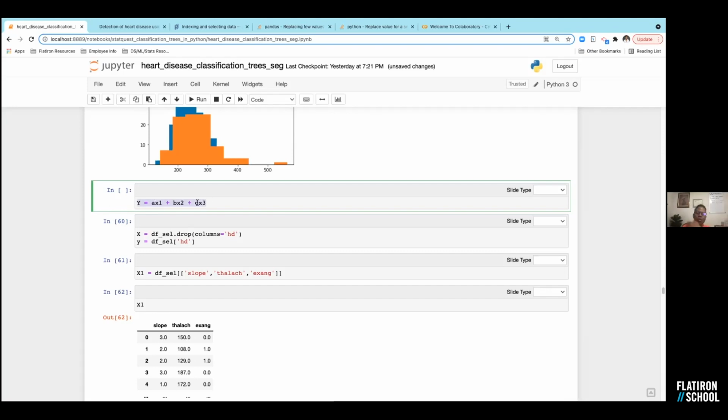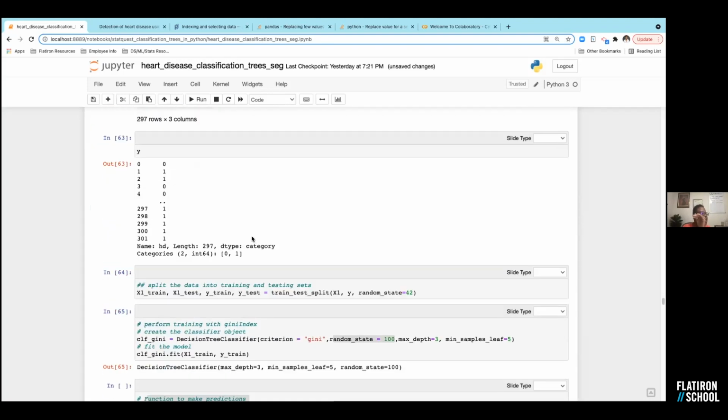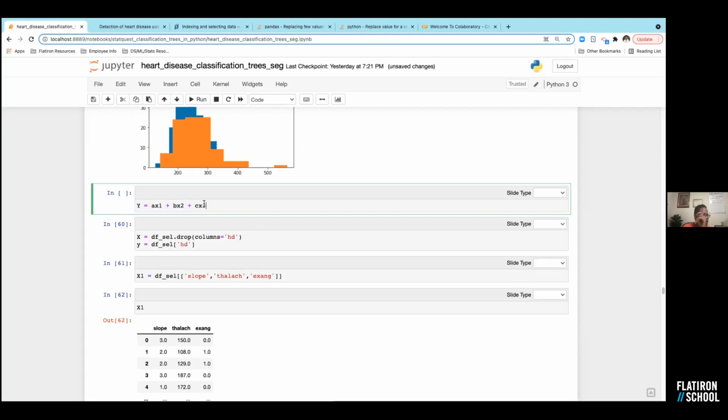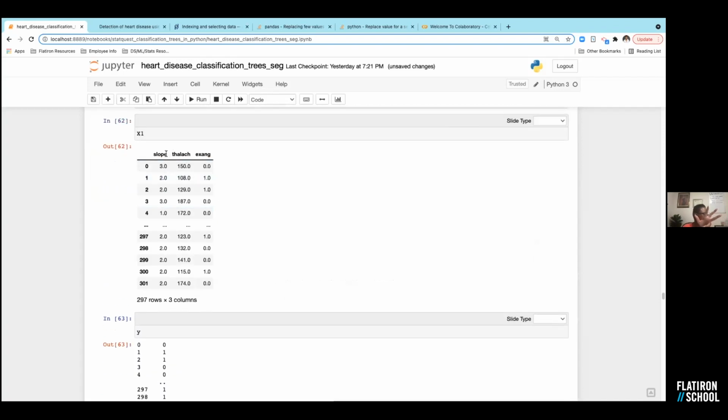So now we have the model, we have Y, and we have some kind of values for the coefficient for each of the features. If we know the values for X1, X2, X3, and in this case, it was the slope and the thal and the X and whatever those values.